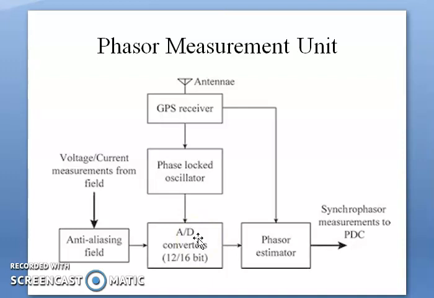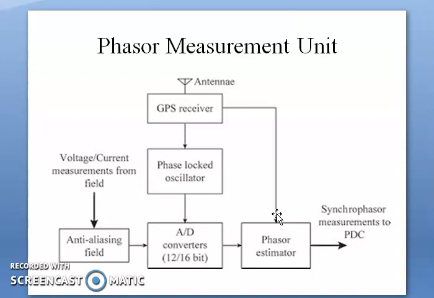Now the standard specification is finally sent to the phasor estimator, in the form of phasor measurement. Now there is a GPS clock, this GPS antenna receiver. This GPS clock, a crystal oscillator, is used to supply a clock pulse. A clock pulse is sent to this phasor estimator.